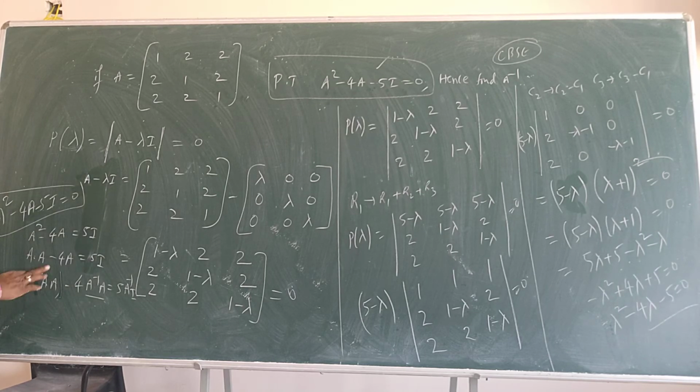Did I make any mistake here? Only one time I have to write, I wrote 2 times. A square, A into A, 4A, 5I, multiplied here A inverse, multiplied here A inverse. So what I got?